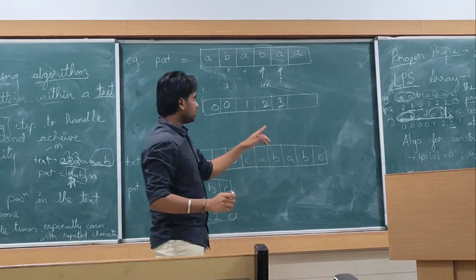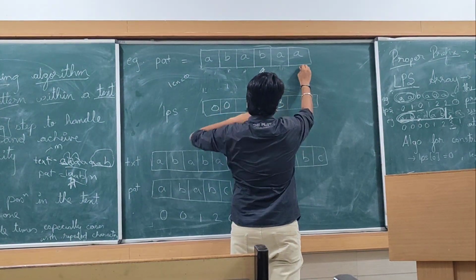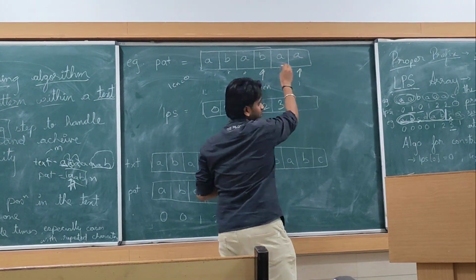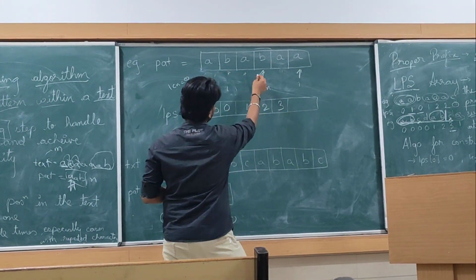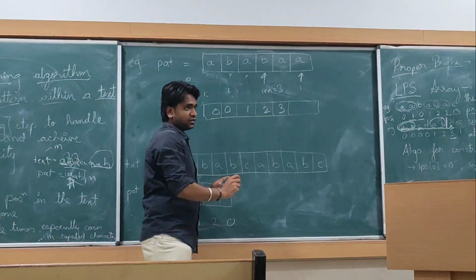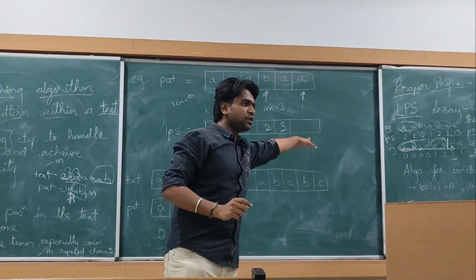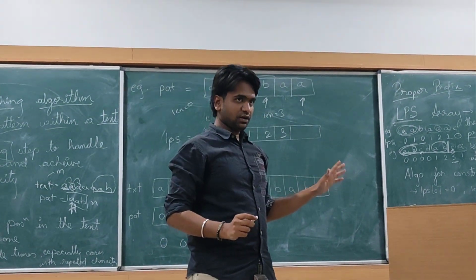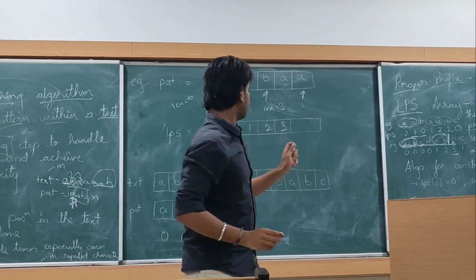Very clear? Now let's do I plus plus. Does it match? No, but what's length? 3. अगर length 0 होता तो मैं सीधा LPS of I equal to 0 लिखता, right? Now listen very carefully.